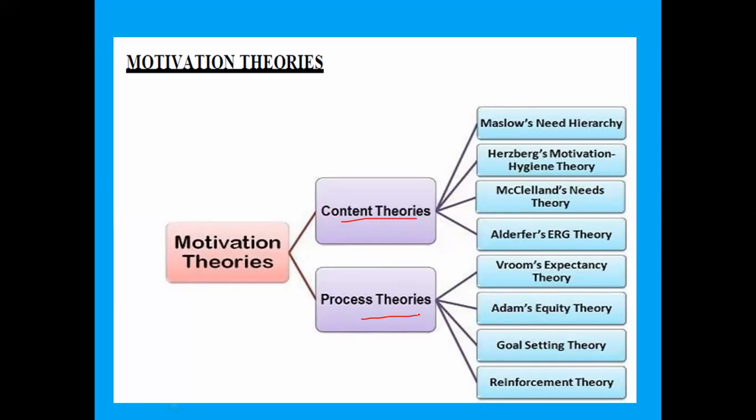Some of the scientists have given good information related to the content theories and the process theories. The content theory is generally said by Maslow's need hierarchy. This is the first one.